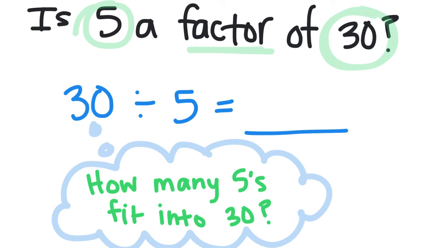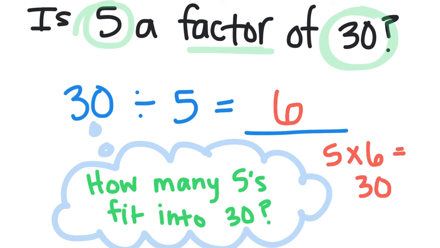And we can count by 5s. 5, 10, 15, 20, 25, 30. And that was 6 5s. Since I could fit exactly 6 5s into 30, I can also realize something else. I now realize that 5 times 6 equals 30.